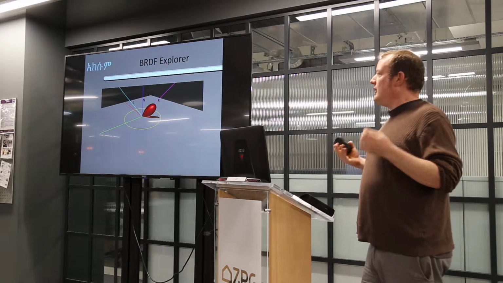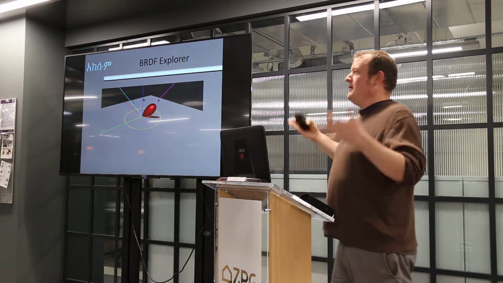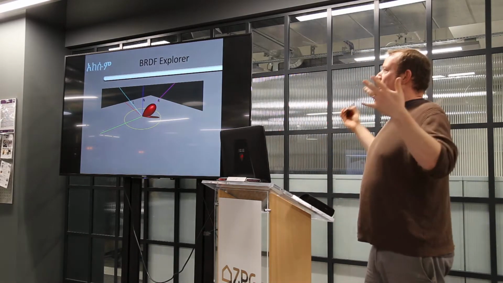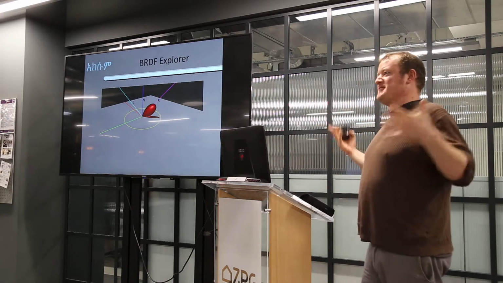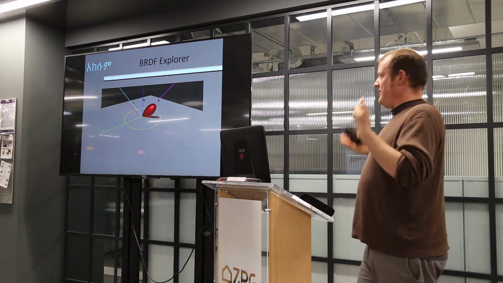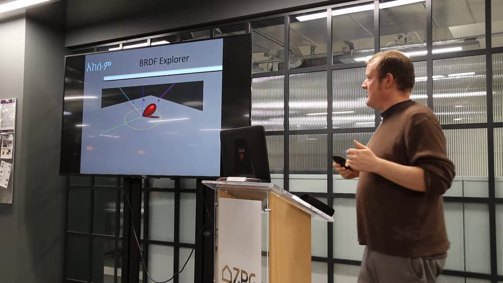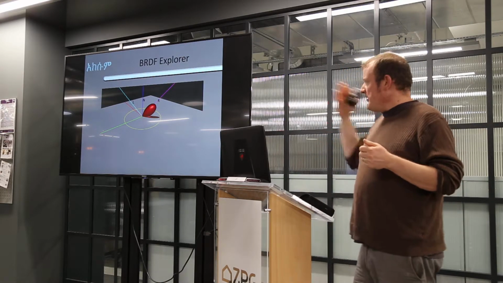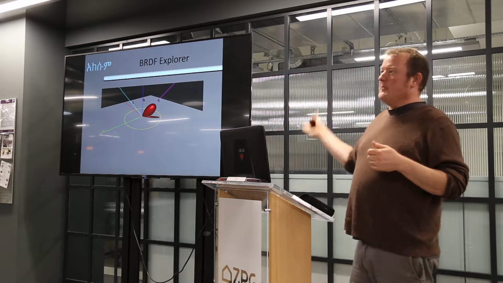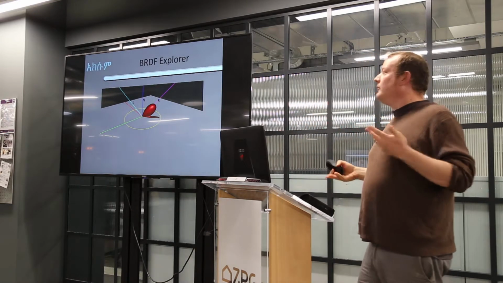All the other values are 0. And so here, as a human, you can say, oh yeah, that kind of makes sense. Even though it's a 5-dimensional function and it's kind of complicated, it has some meaning to you as opposed to just a bunch of abstract symbols. And I'll be using diagrams from BRDF Explorer throughout the rest of this talk.